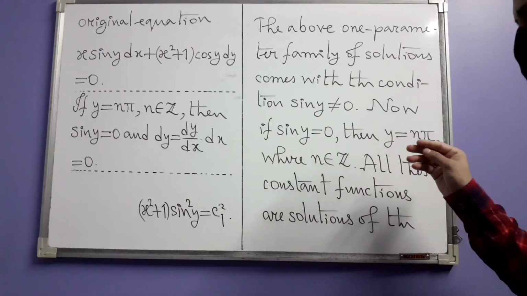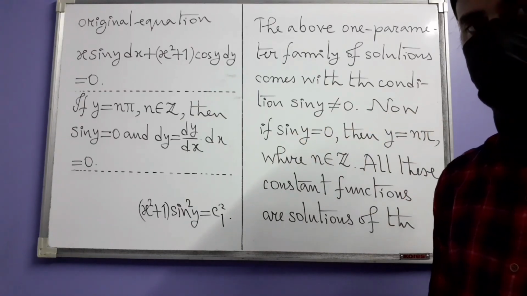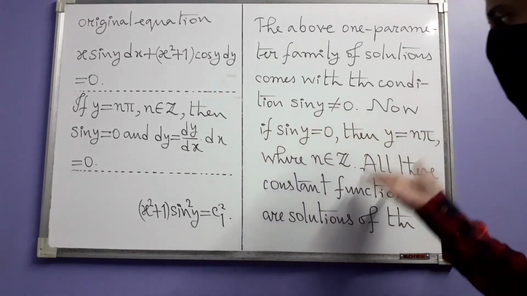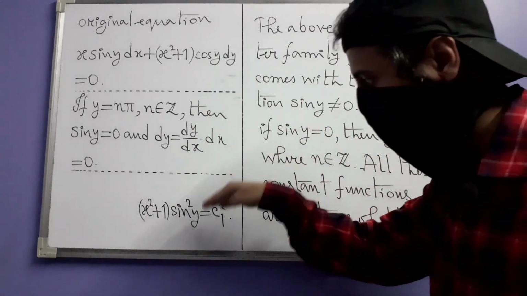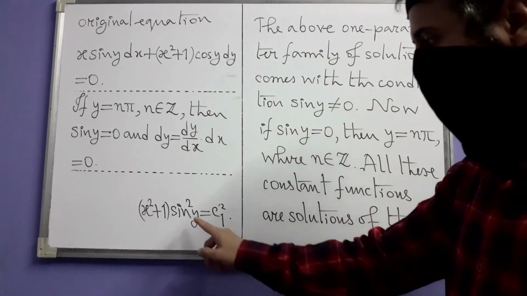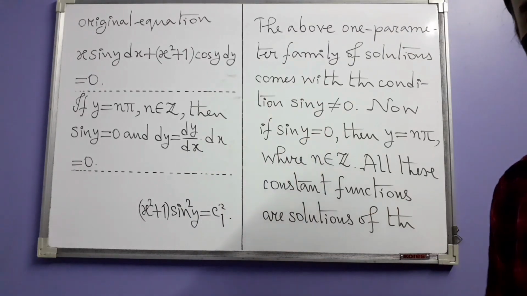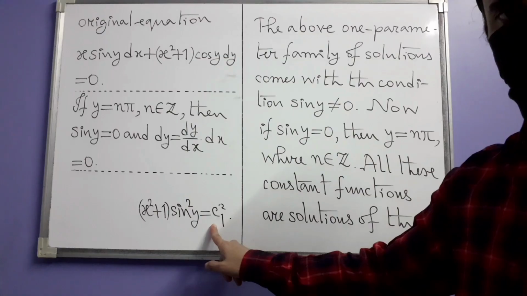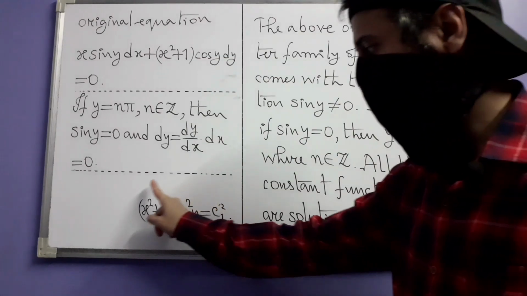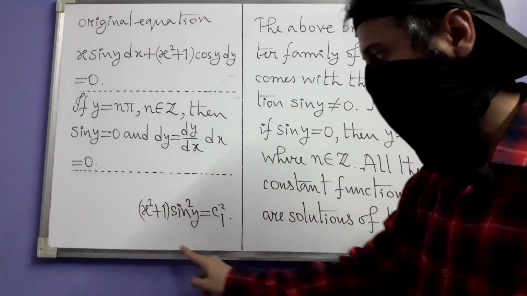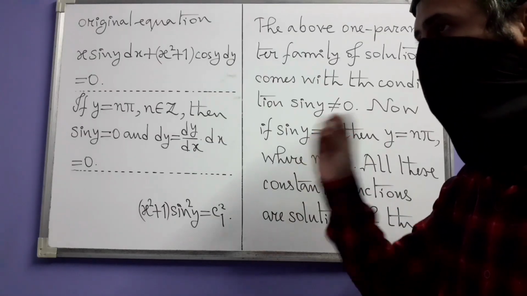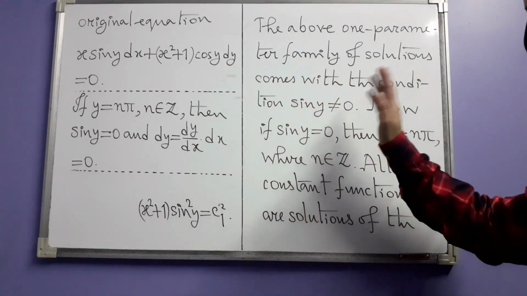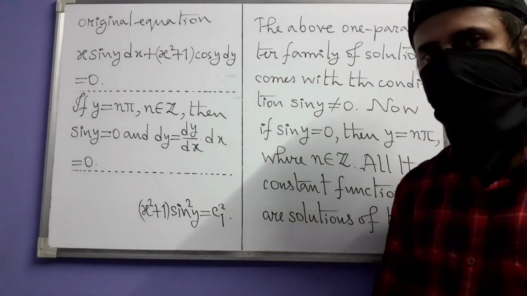Now we have to also mention them, and luckily there is a way of incorporating these extra infinitely many solutions here itself by lifting those requirements that sin y has to be non-zero and C1 has to be non-zero. You just simply write this equation for the one parameter family without those restrictions. How does that incorporate these extra solutions into it?